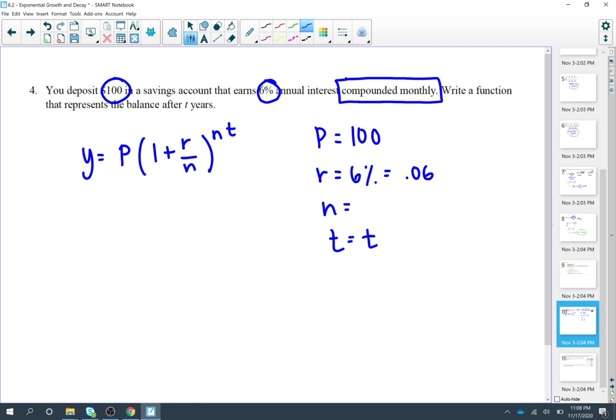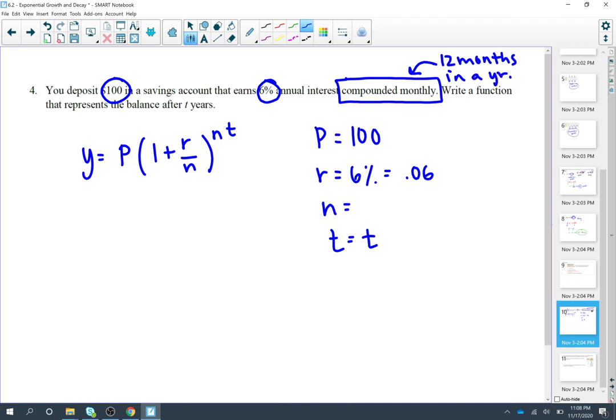Now, n is the amount of times per year that they're going to pay you interest on your money. And they specifically said that we're going to compound this monthly. So how many months are in a year? There are 12 months in a year.